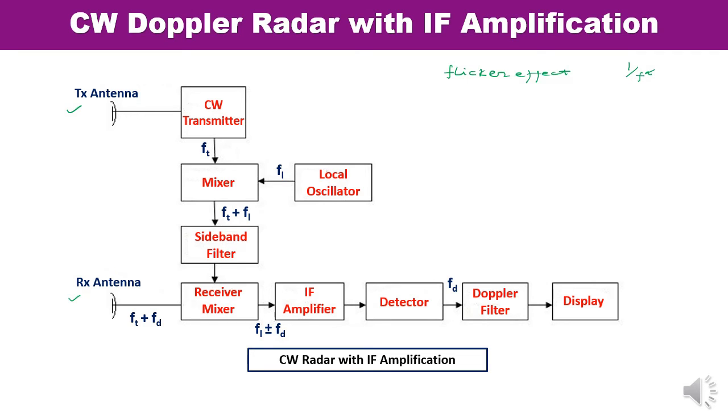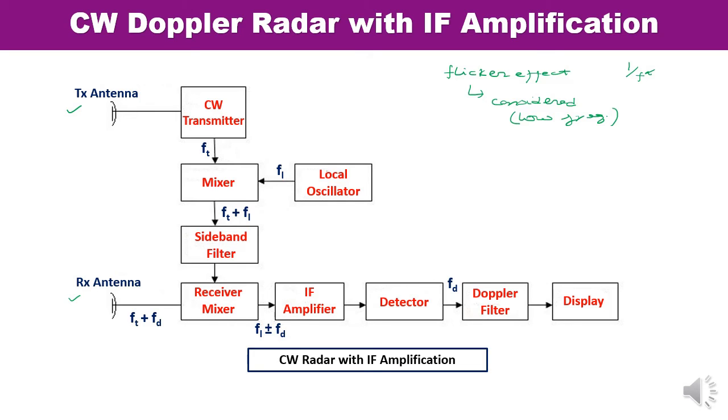Here alpha is approximately unity, and the flicker noise formed in the case of the CW radar is required to be considered. Why? Because this noise is generated in the low frequency range, and CW radar also operates in the low frequency range.